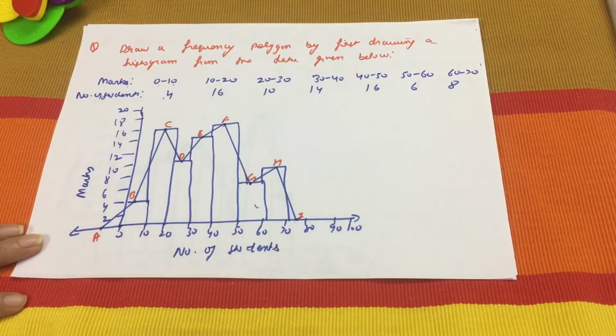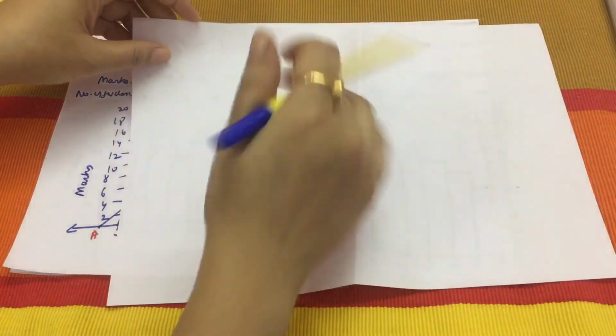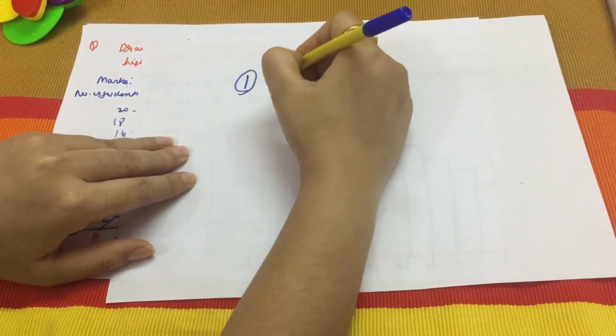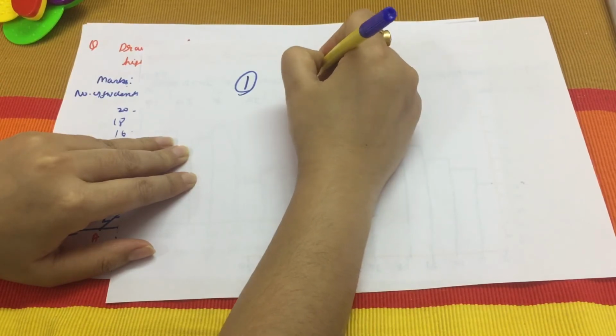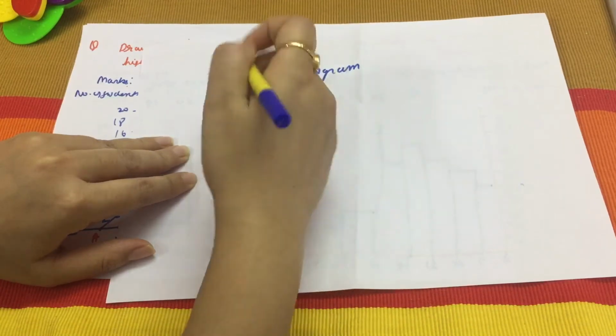Now how will you construct the polygon? Students, there are basically 3 rules of constructing a frequency polygon. The first step is, first you have to construct the histogram, which I have already explained earlier.